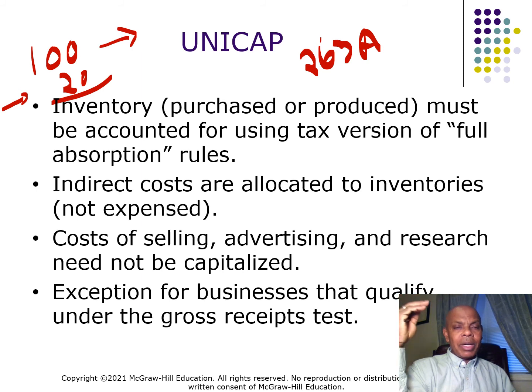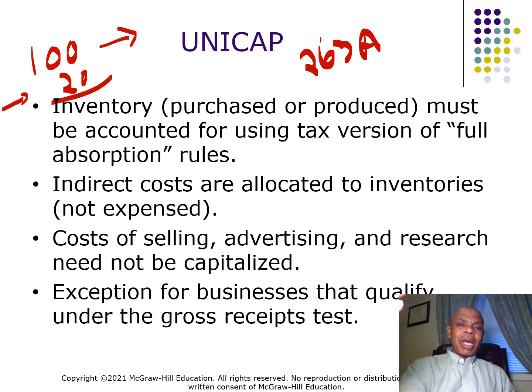When we have a higher ending inventory, what does that mean? Your cost of sales is less, which generates a higher income, the taxable income, that is. Okay, this is for tax purposes only. They don't have to do that for book purposes. They can do however they want. But for tax purposes, you have to allocate certain indirect costs to the inventory.